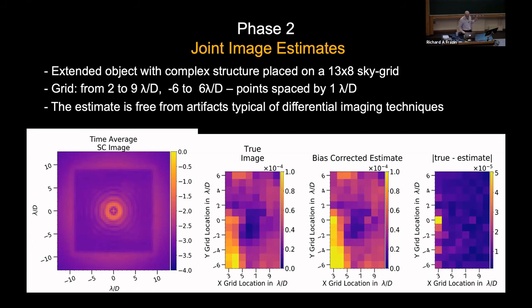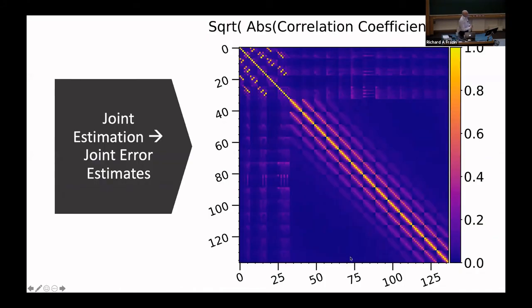So we don't have the problem that we saw with ADI of a distortion of the structure coming out of the way we process the image. It's a true image without the artifacts associated with ADI. So now, because it's a regression model, part of the output of the regression model is an error covariance matrix.